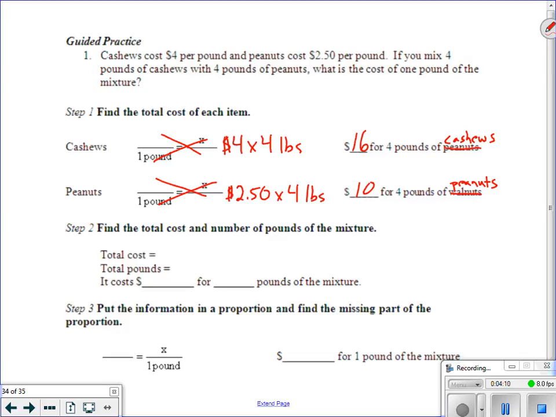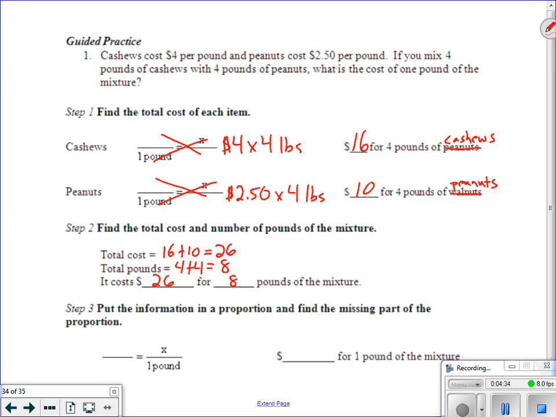Now you need to find the total cost and the total number of pounds. For the total cost, you take 16 plus 10 to get 26. You had 4 pounds of each, so 4 plus 4 is 8. That tells you it's going to cost $26 for the 8 pounds of the mixture.